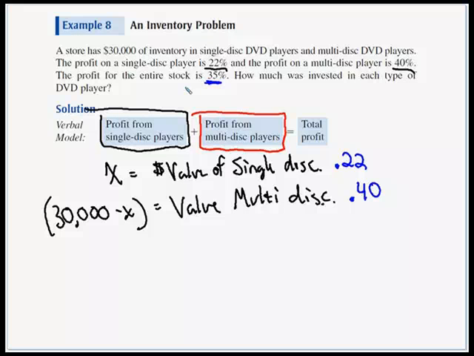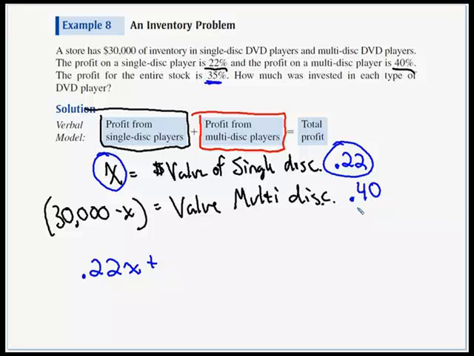So, let's set up a little model here. Profit from the single disc players. Well, we have X dollars worth of them, and the profit margin is 0.22. So the profit from the single disc players is going to be 0.22x. Plus, switch over to red here, the profit from the multi-disc players.